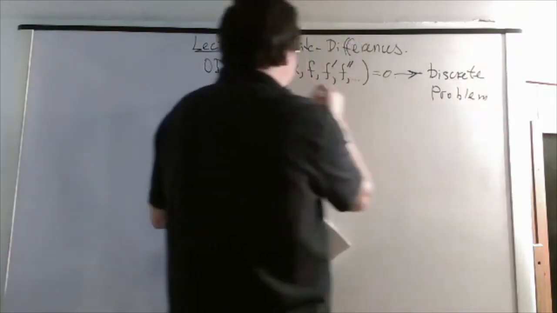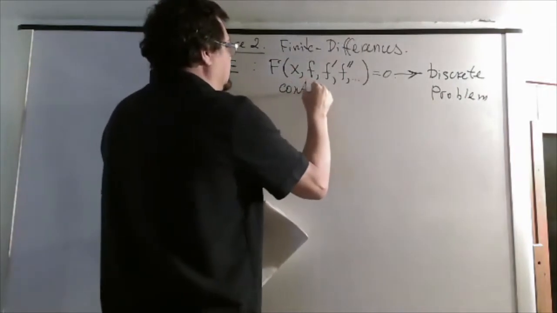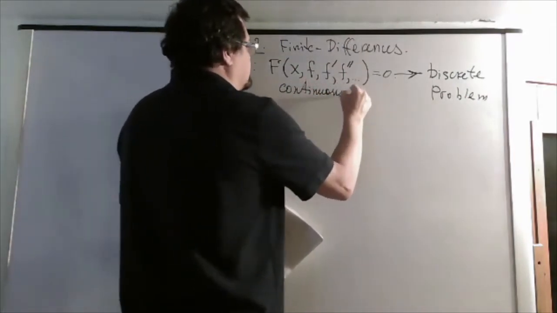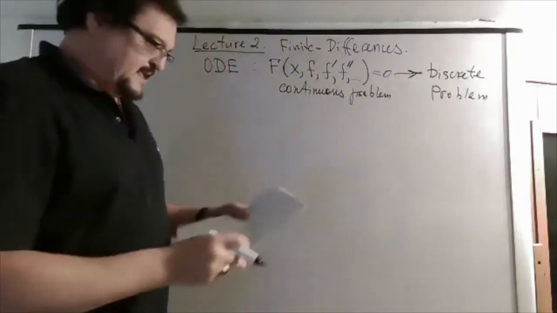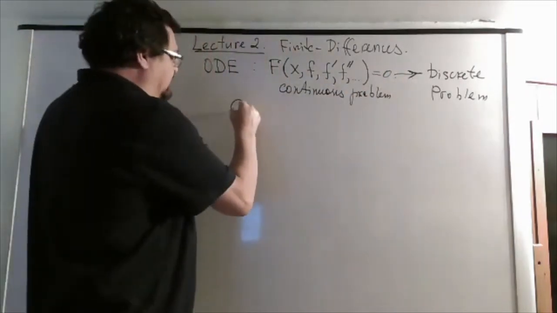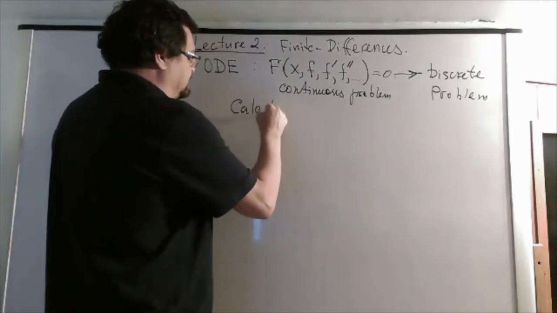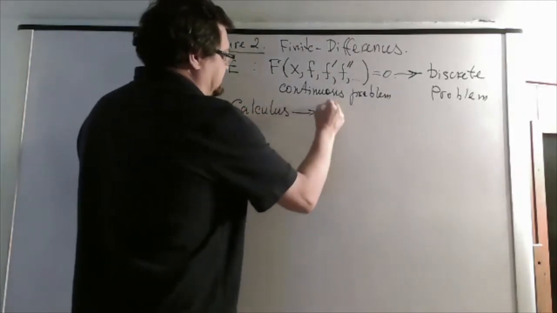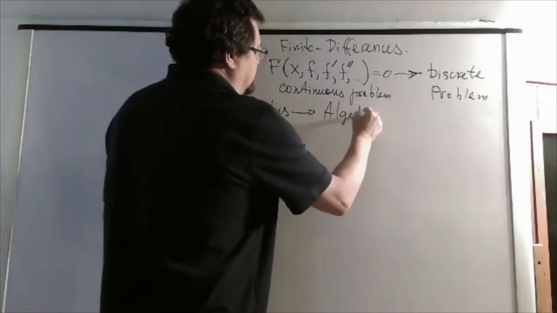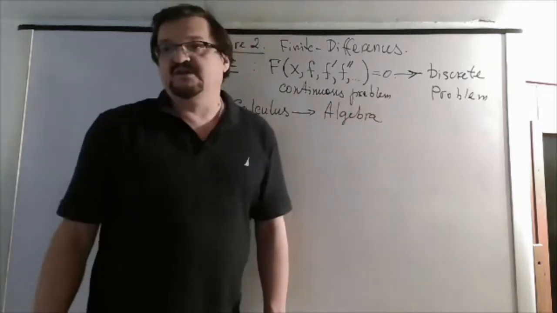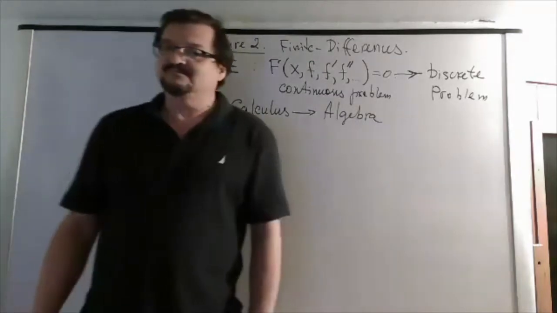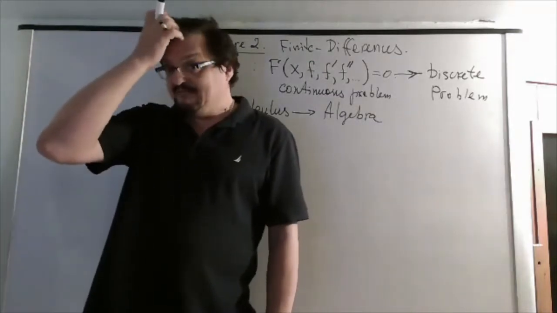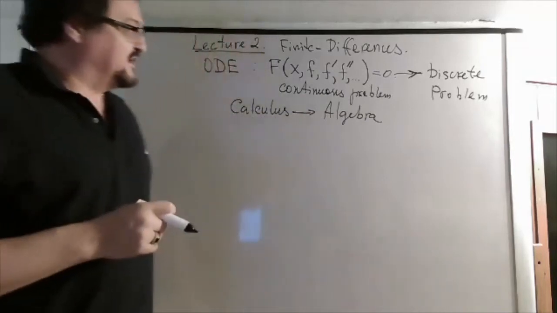This one is a continuous problem, and this is a discrete problem. So you're moving from calculus, which is a continuous problem, to algebra. All numerical methods are just a bunch of algebra equations. There is no derivative per se. You approximate them with algebra.